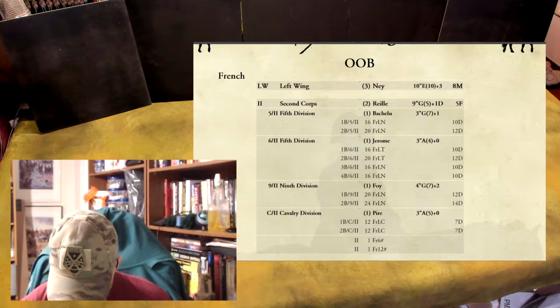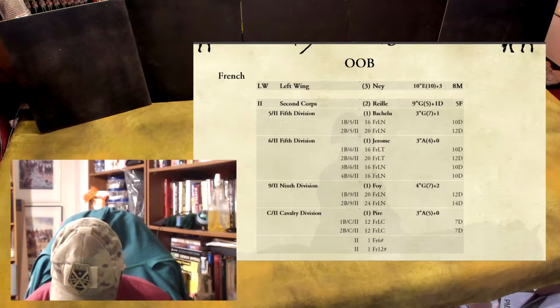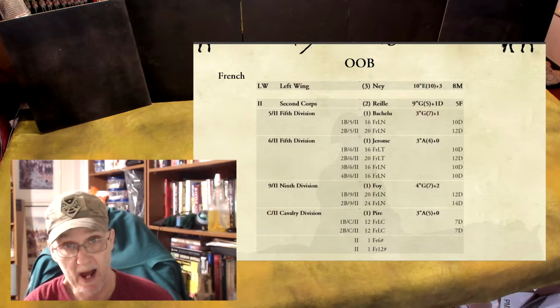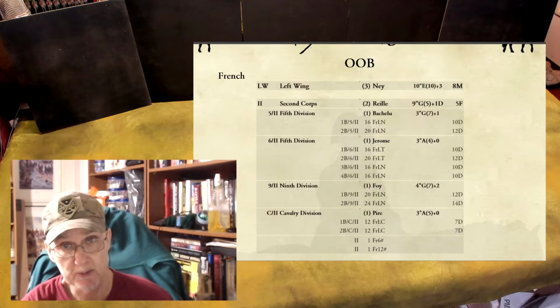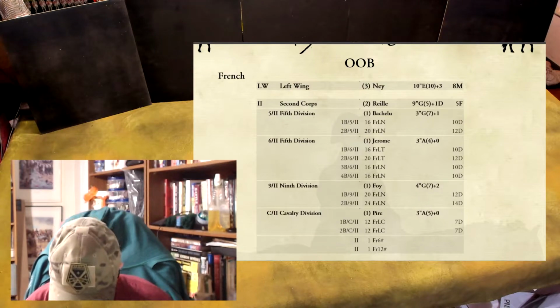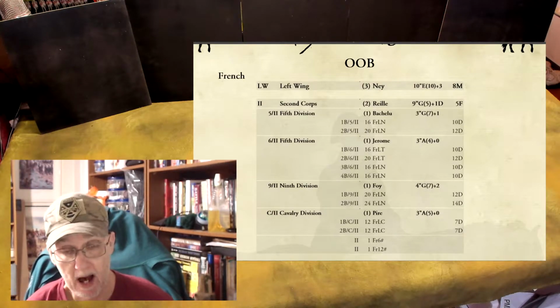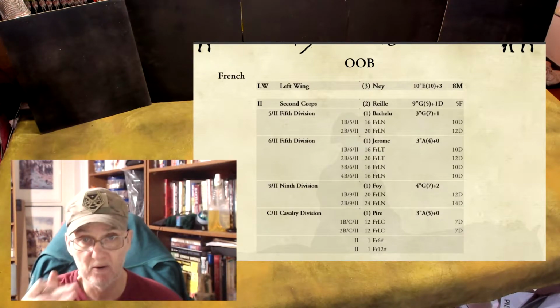Now, in my game, and I'm only looking at the French right now, I'll also look at the British later. So we're going to have Ney as my overall general. He's actually above the corps.